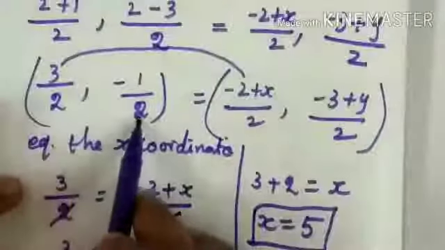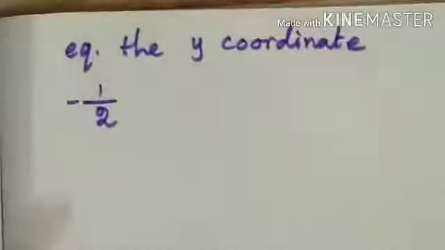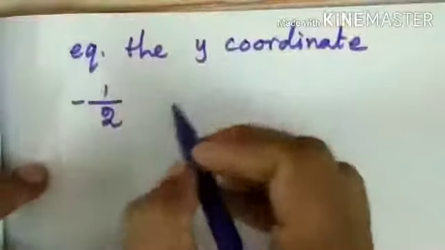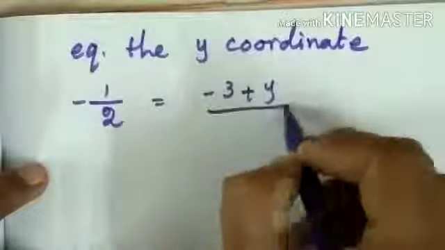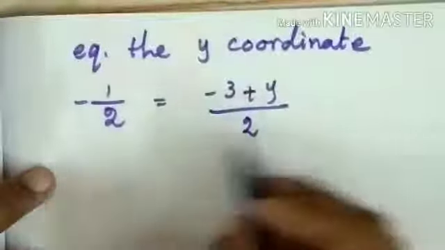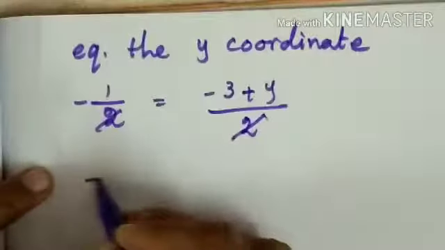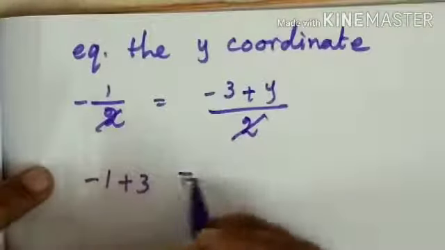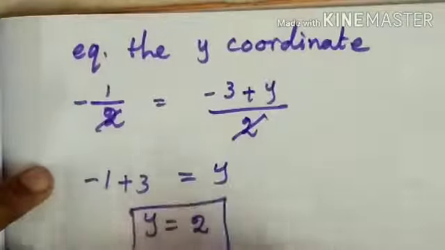In y coordinate means we get minus 1 by 2 is equal to minus 3 plus y by 2. Both sides 2 is common, therefore cancel 2. Then minus 1 plus 3 is equal to y, therefore y is equal to 2.